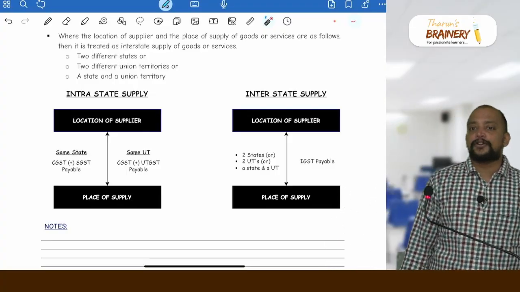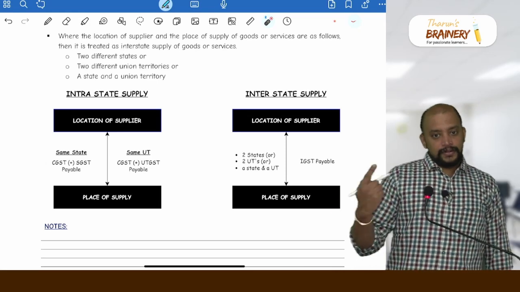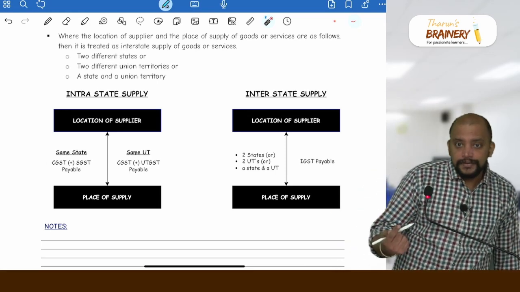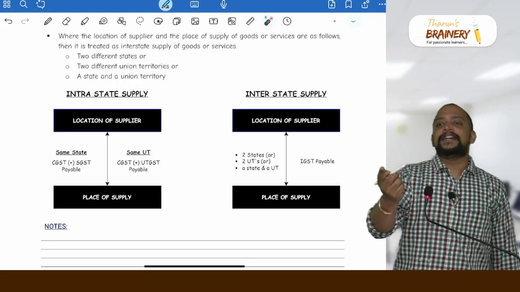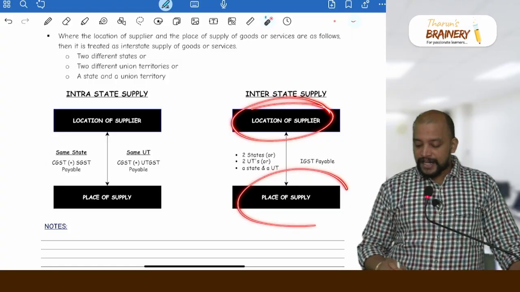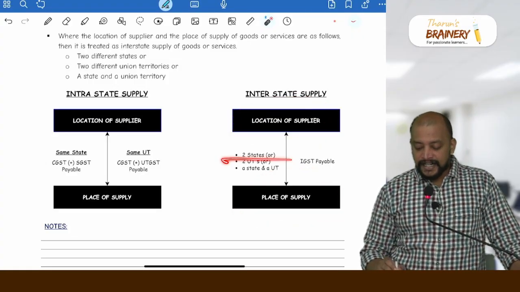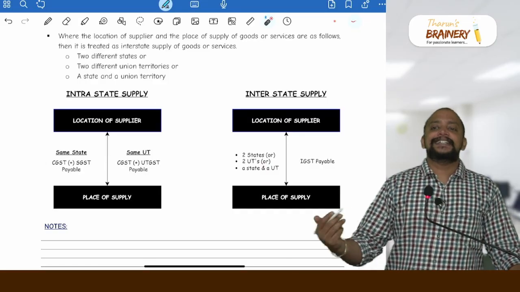Then from this, can you tell me what is interstate supply? Two different states or two different union territories or a state and a union territory. Location of supplier and place of supply is in two different states, two different union territories or a state and a union territory, then it is interstate supply.